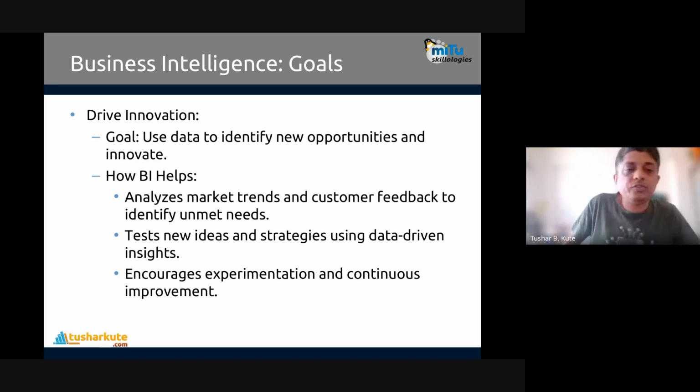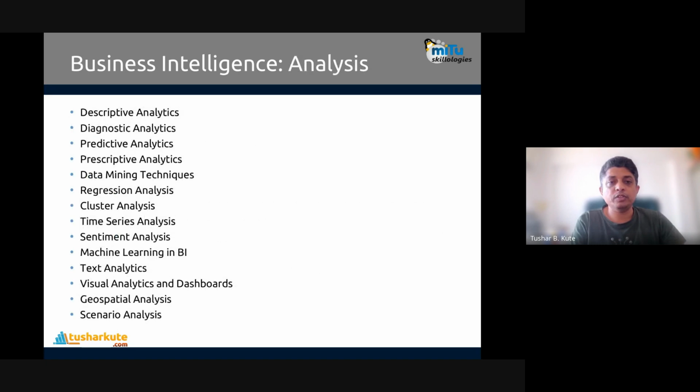Even we can test new ideas and strategies using data-driven insights, and encourage experimentation and continuous improvement. A business intelligence tool can help with innovation. Remember, these are some of the primary goals and some are secondary goals. With the help of it, the BI methods are being integrated.